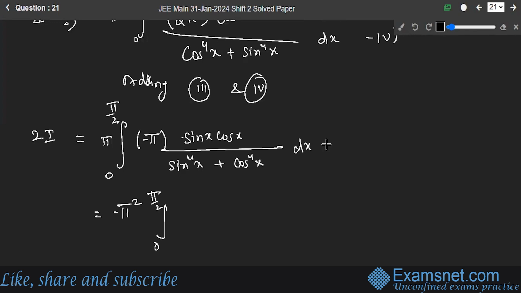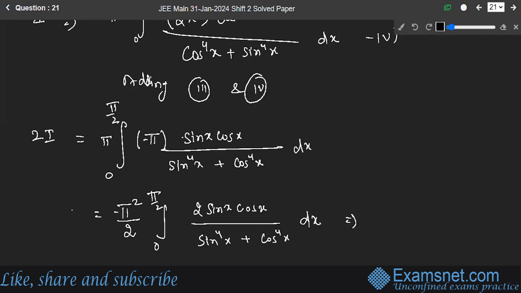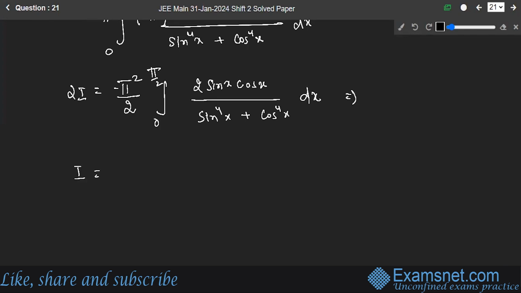I'll multiply the numerator and denominator by 2, so this will be 2 sin x cos x divided by sin power 4 x cos power 4 x dx. That's equal to your 2I, or you will have I equal to minus pi square upon 4.